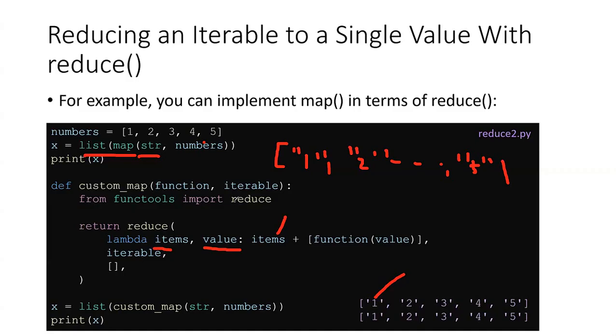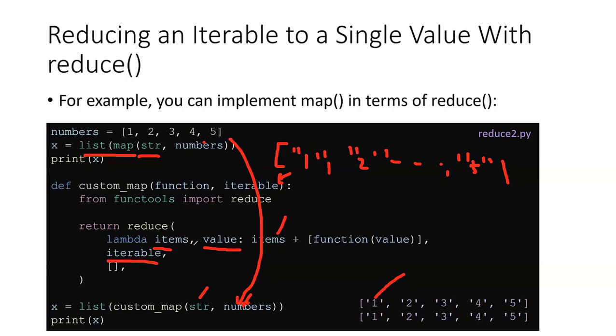And then the iterable will be put there. So let's see, the function is str, your iterable is numbers. So you basically put the 1, 2, 3, 4, 5 to the iterable. So this is a list of 1, 2, 3, 4, 5.